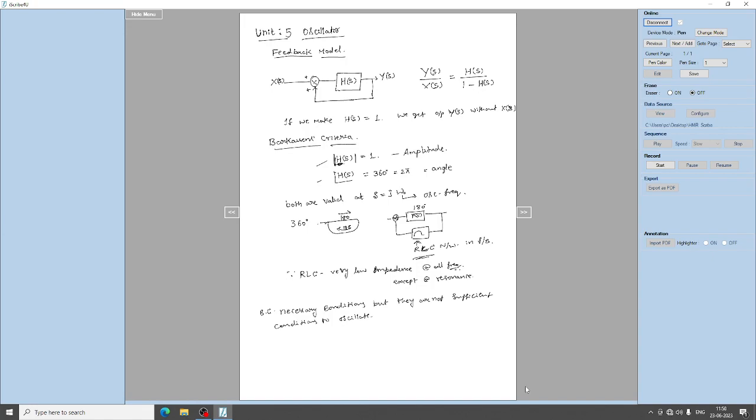Understand this point, because if we satisfy these two conditions, it doesn't mean that the circuit will oscillate.